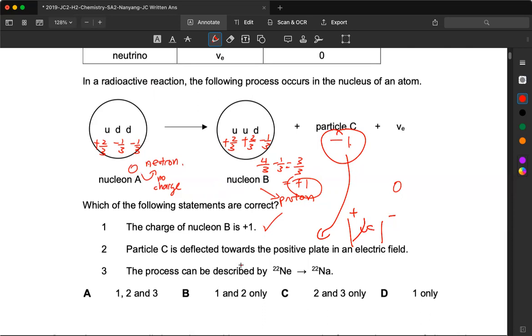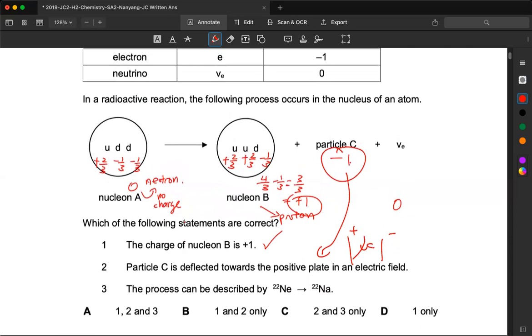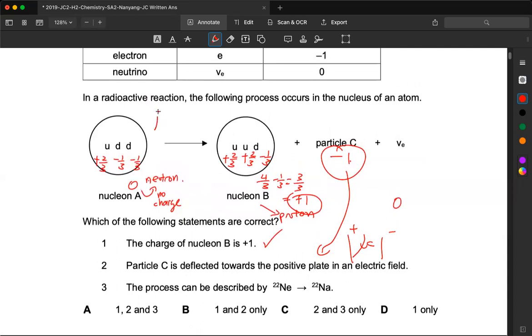The process is described by Ne-22 becoming Na-22. If this is true, do you notice that neon is just before sodium?